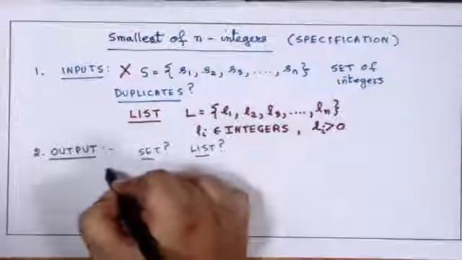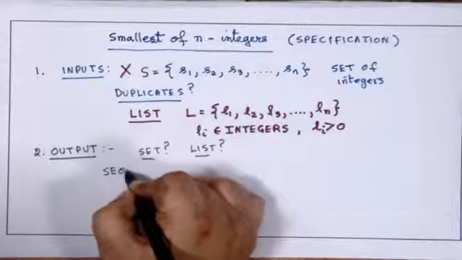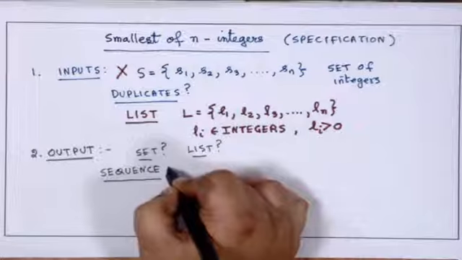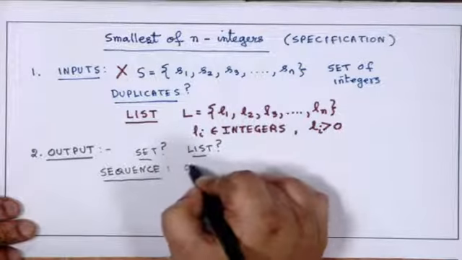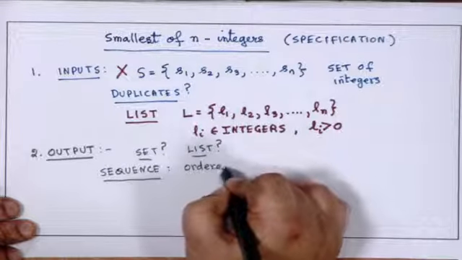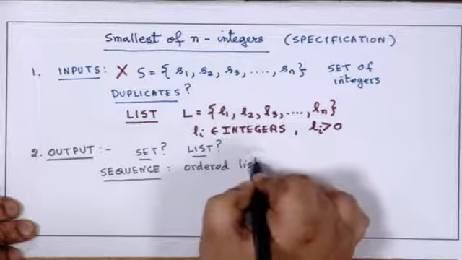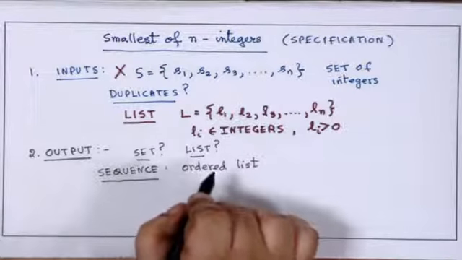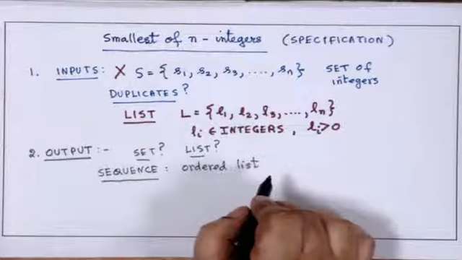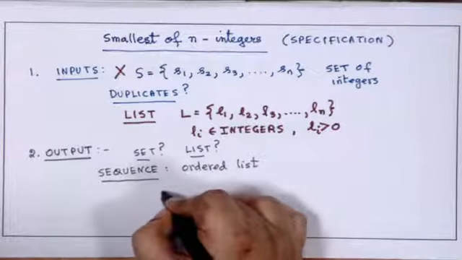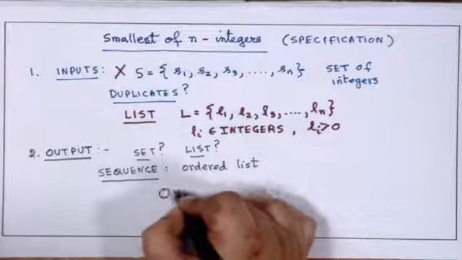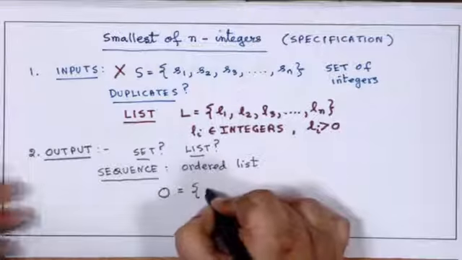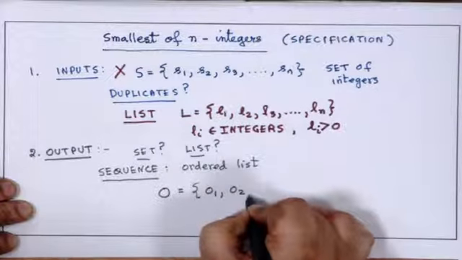The output here is a sequence, because it is not only a list, but it is an ordered list. That means that there is a first element, a second element, a third element, a fourth element, etc.